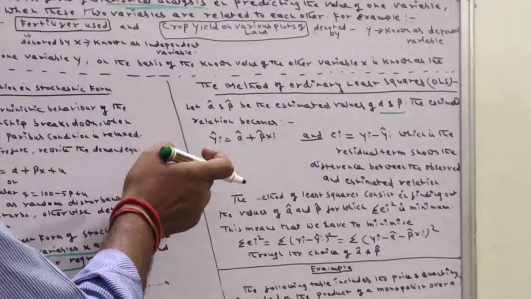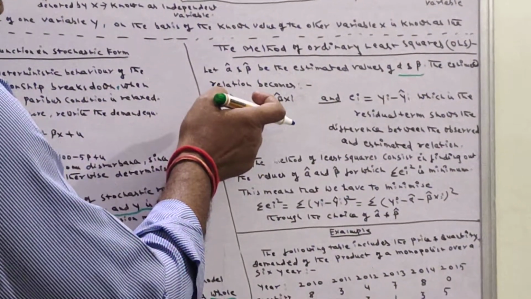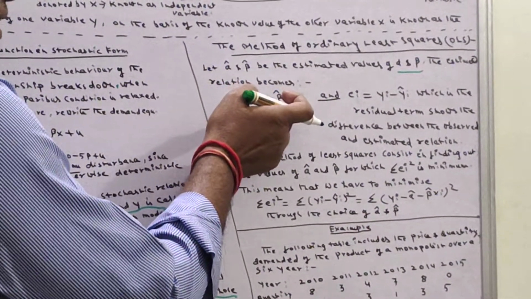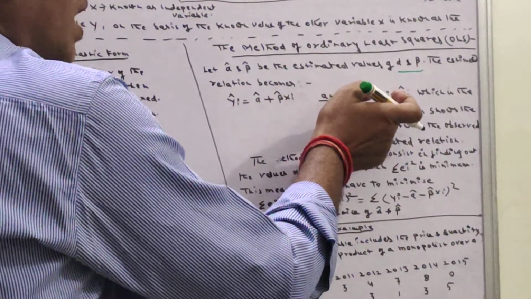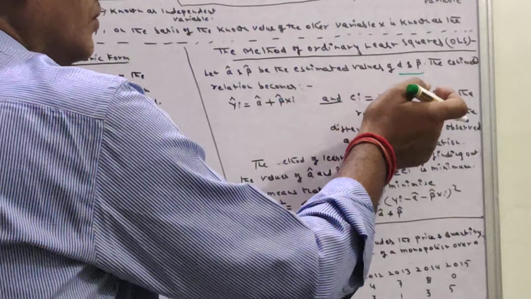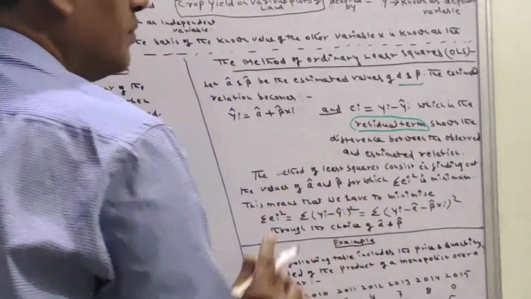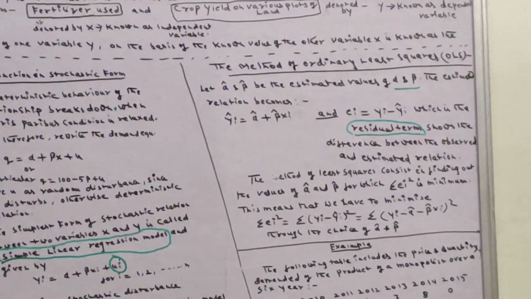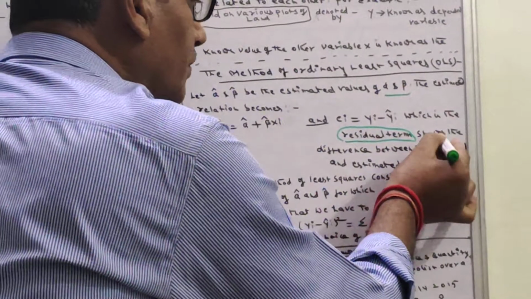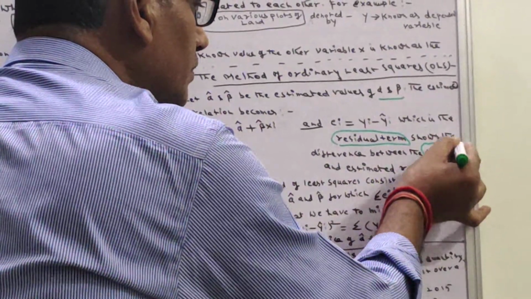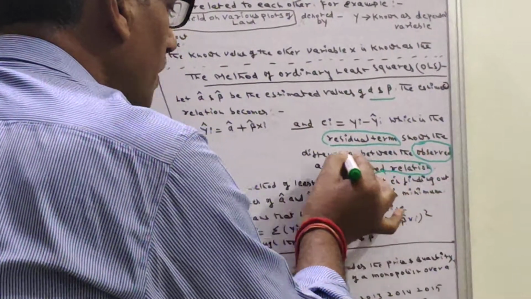The estimated relationship becomes Y hat i equal to alpha hat plus beta hat Xi, and ei is the residual, Yi minus Y hat i, which is the residual term that shows the difference between the observed and estimated relationship.